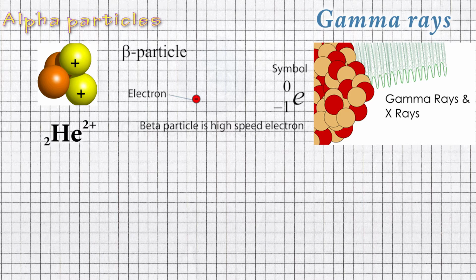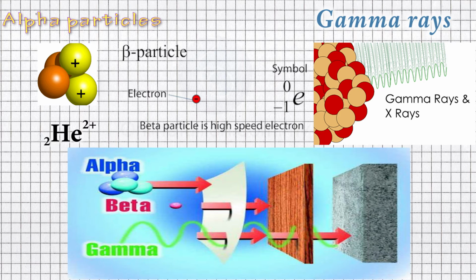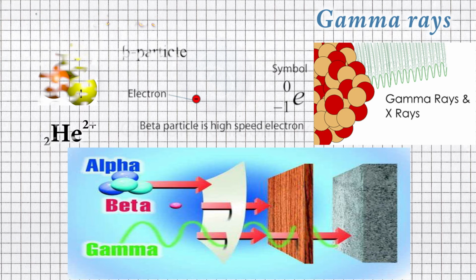Alpha particles can be stopped by a sheet of paper. To stop beta particles, you need at least a sheet of aluminum, and to stop gamma particles, you need a very thick sheet of lead.